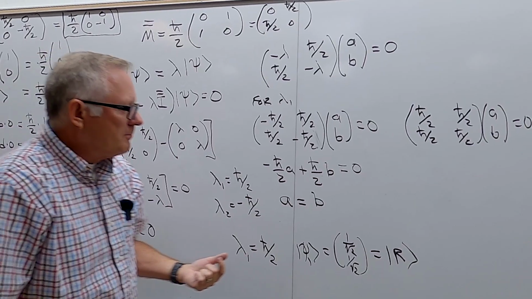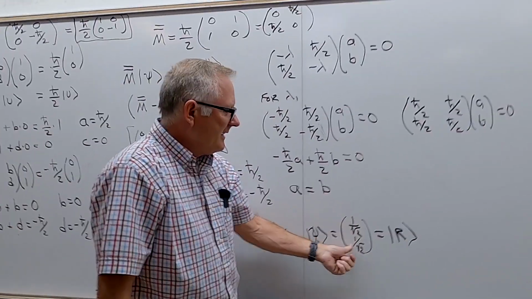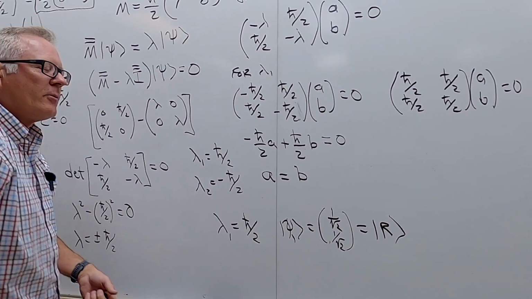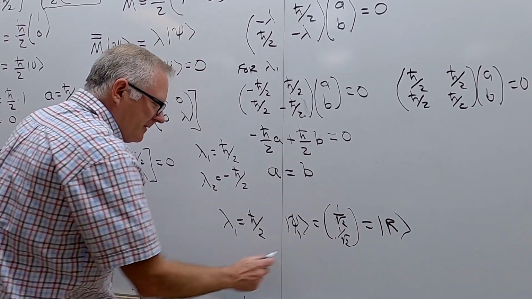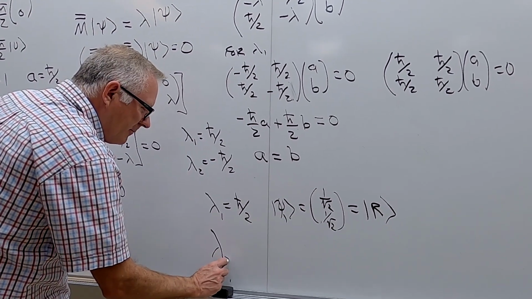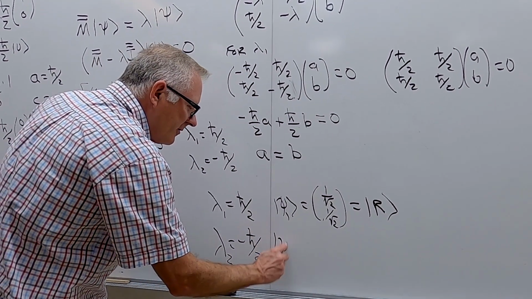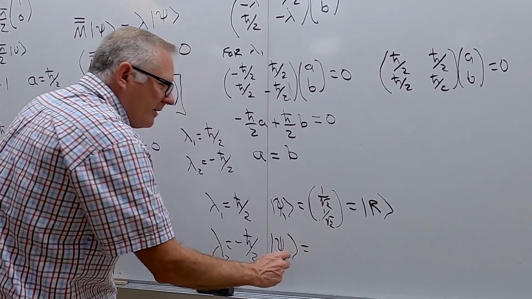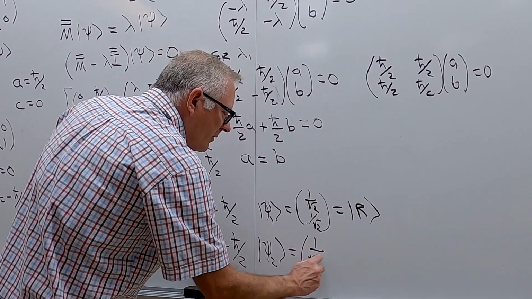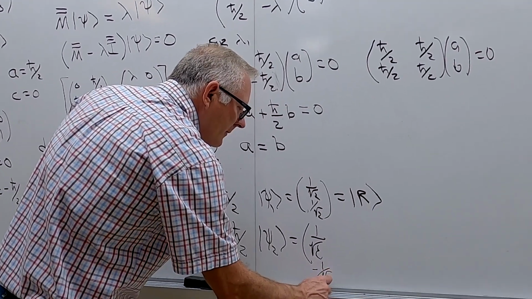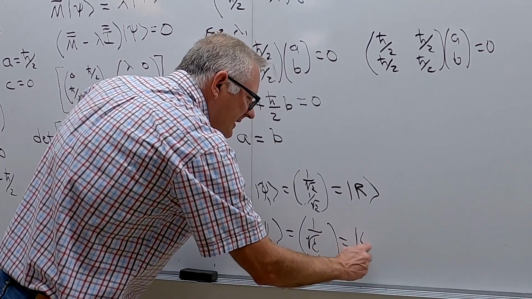If a equals minus b, then one of these has to be a minus, and it looks like we can just make the bottom one minus. And so my other one was lambda 2, which equals minus h bar over 2, psi 2, looks like 1 over the square root of 2, minus 1 over the square root of 2, which was my left state.